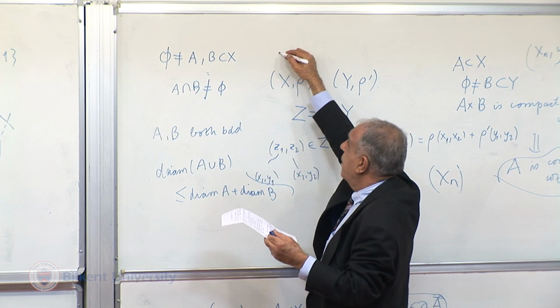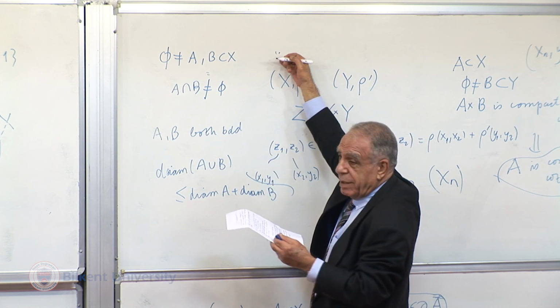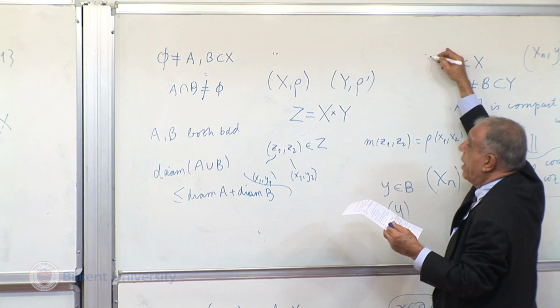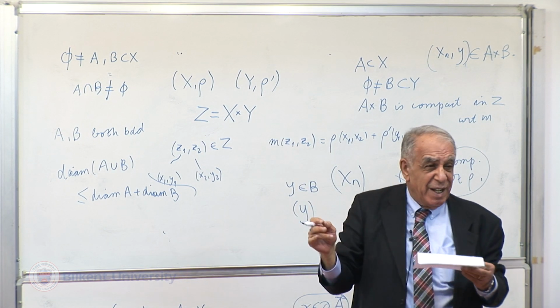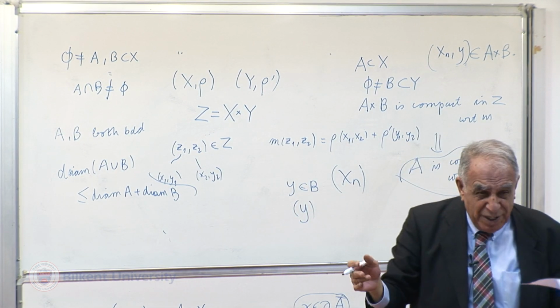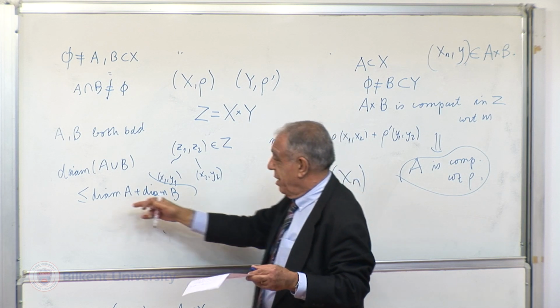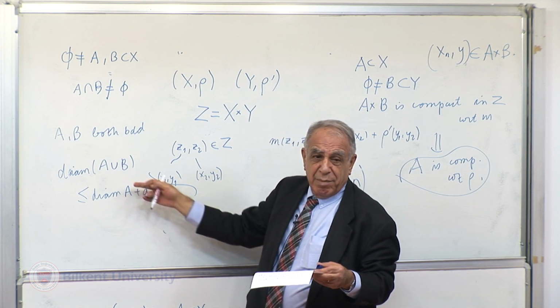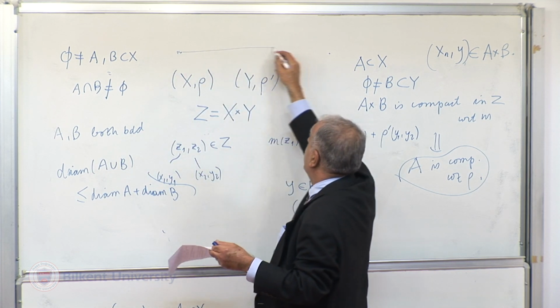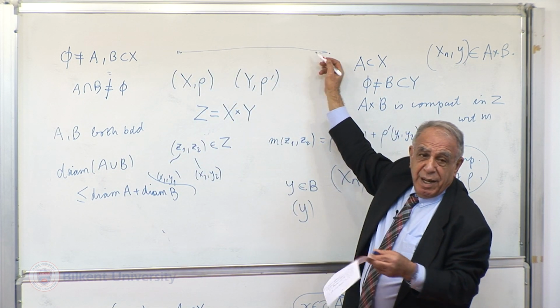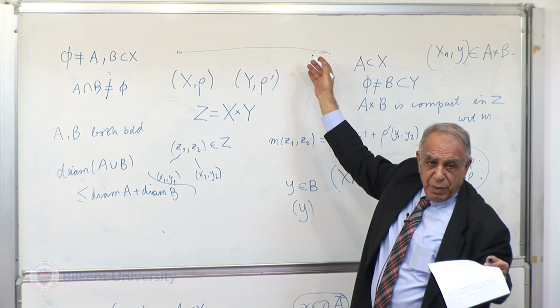Take a point, a singleton set A, and B far apart another singleton set. The diameters of these two singleton sets separately will be 0, 0, but the diameter of A union B will be equal to the distance between them, which you can make as large as you wish.